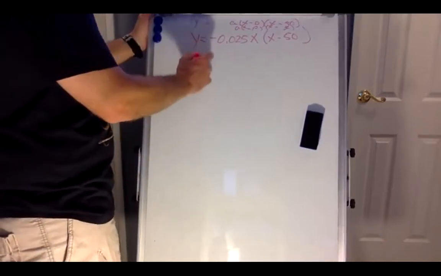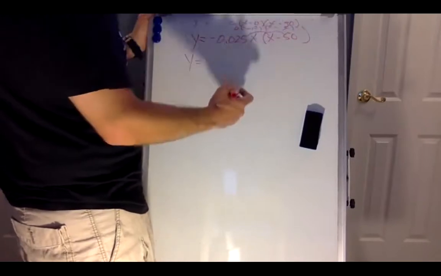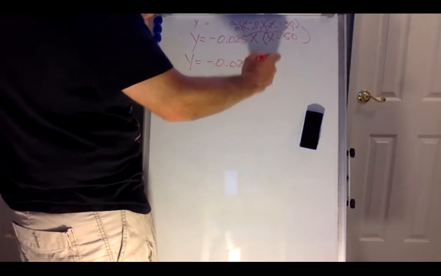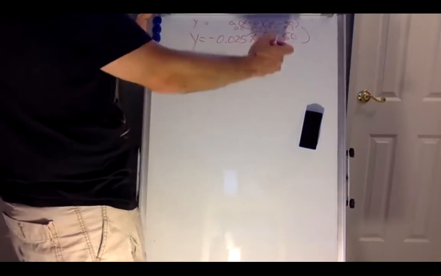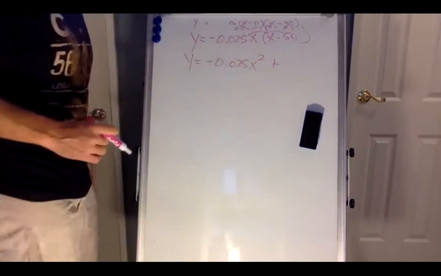So here I have y is equal to, I'm going to multiply this in here and this in here like that. I'm going to get negative 0.025x squared. Negative times a negative is positive. And what is 0.025 times 50?